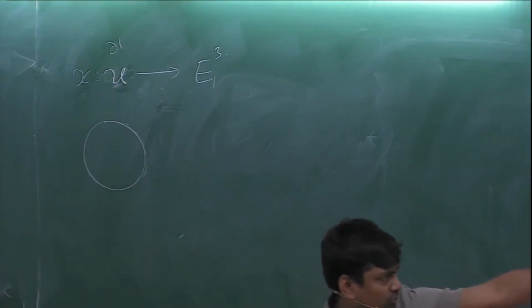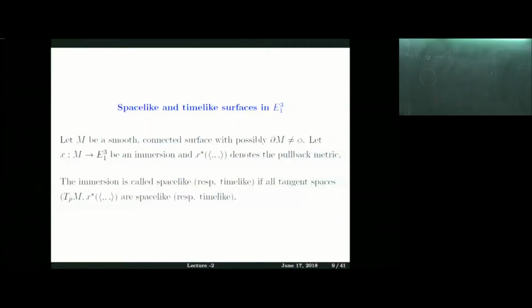Why did I start from the boundary being non-empty? To define this space-like, time-like surface, before going into the second line and other things, let me first concentrate on the first sentence. M is a smooth connected surface, where the boundary is possibly non-empty. What happens in E13? What is the motivation? Let me tell you the motivation.